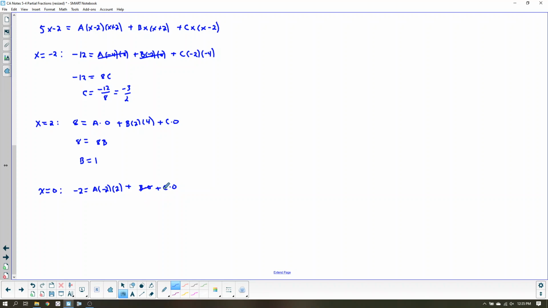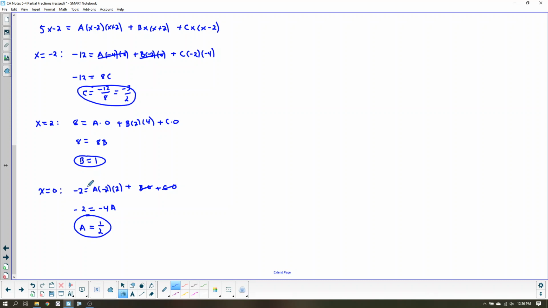So those just get wiped out, and we're left with negative 2 equals negative 4a. Divide this over, and we get a equals positive 1/2. So we have the value of c, we have b, and we have a.